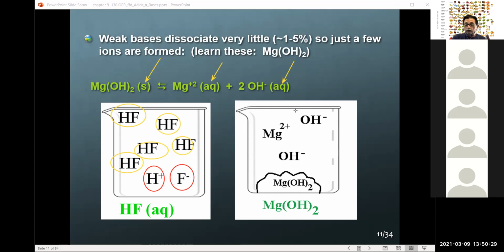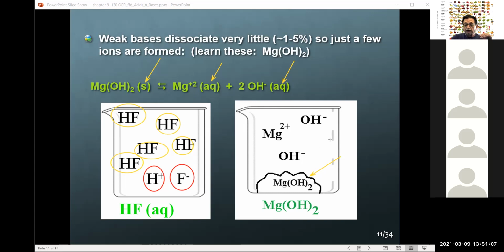Because we know that it's a weak base, the majority of it is drawn like the bottom here, sitting in the bottom of the beaker. It's a solid, and we're going to learn about solubility in a second. It's actually a white powder sitting at the bottom of a container. That's what I said: if you take some milk of magnesia, pour it into a glass and let it sit there, the white powder will settle into the bottom part of your glass with the clear liquid on top.